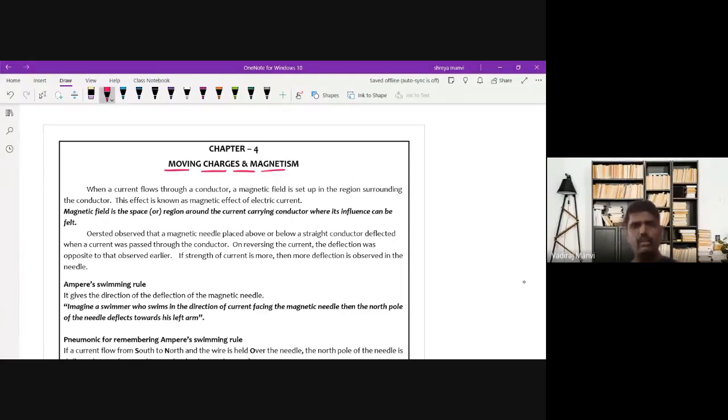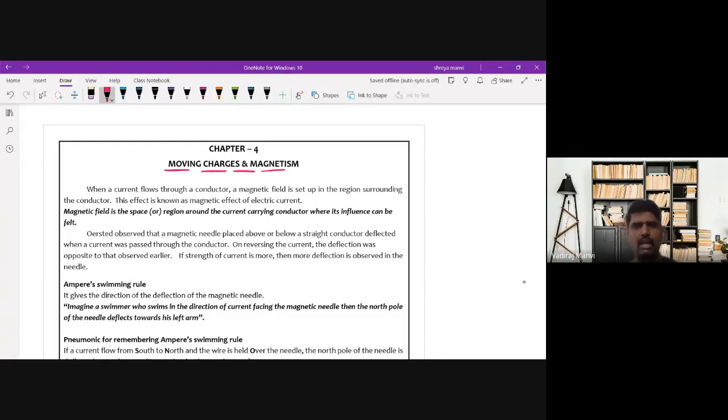Fine. And not only that, what is the application part? Whenever scientists discover something, they always see what the application of it is. That is what we are going to study here. So remember one thing, when a current flows through a conductor, a magnetic field is set up in the region surrounding the conductor.